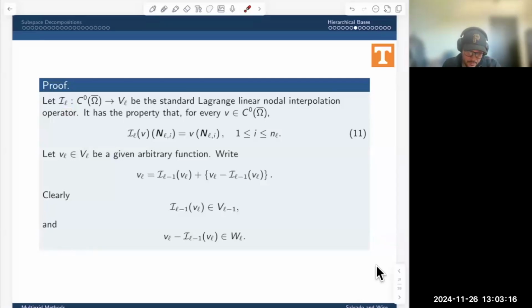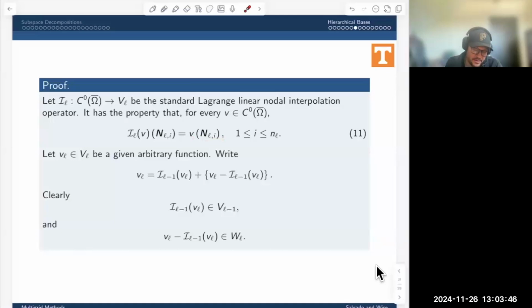So it has the property that if I have a V in C0, a globally continuous function on the closure of omega, then the value of the Lagrange linear nodal interpolation operator of V at the nodal points NLI is exactly just the value of V at those nodal points.